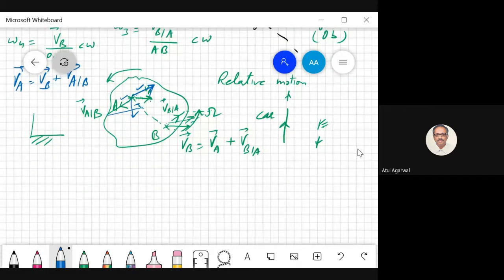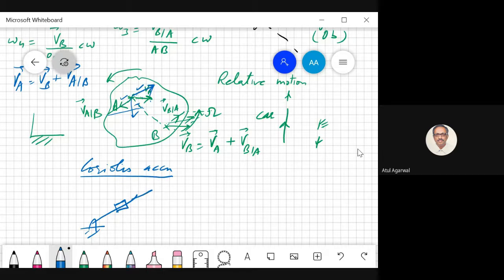Now we go to the example of Coriolis axis. Now you take a bar, and on this there is a slider. This slider is moving outward on this bar. This is my point O2. We call this as link member 2, member 3. So slider 3 is moving outward on rotating bar 2.